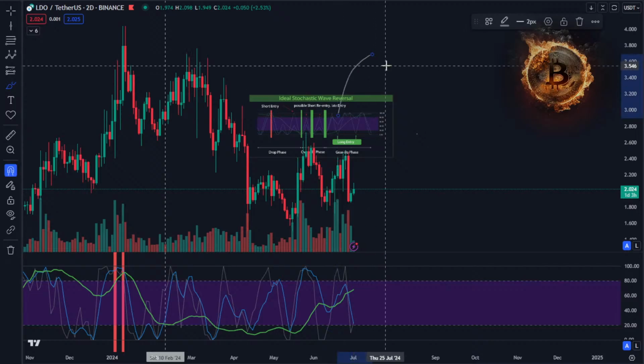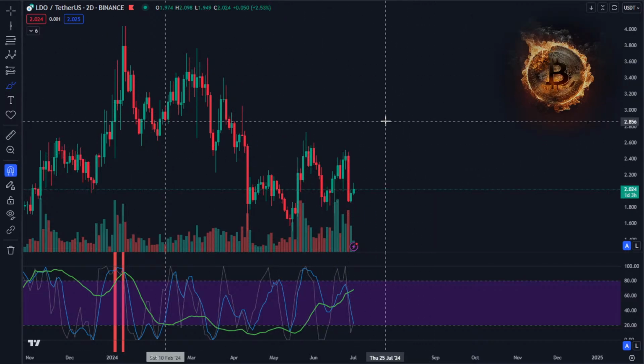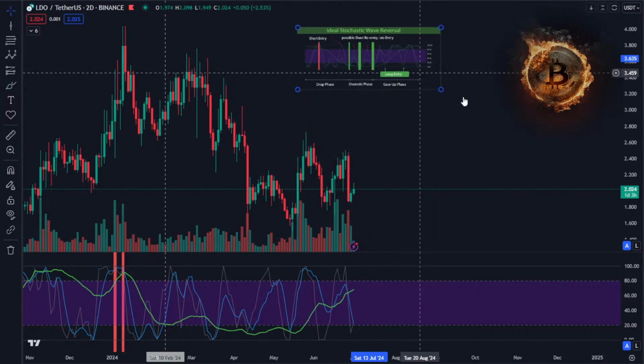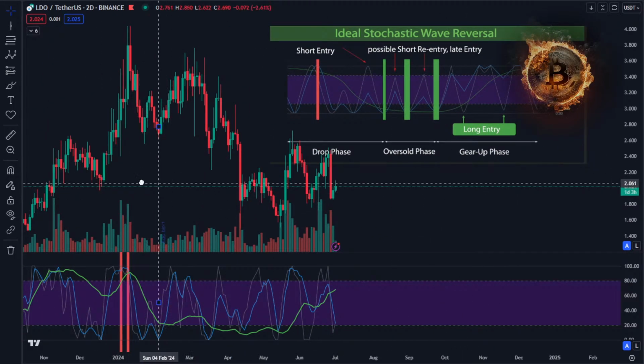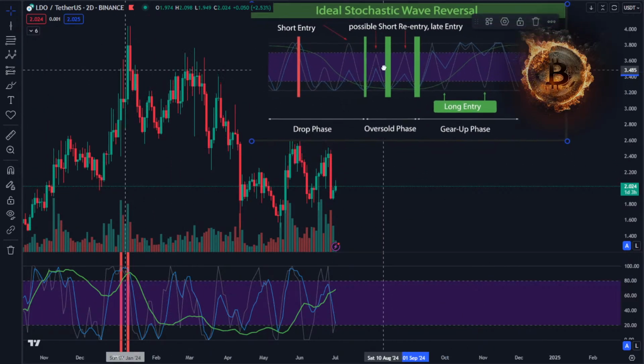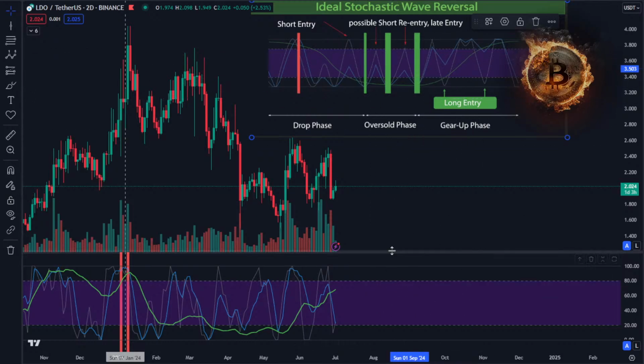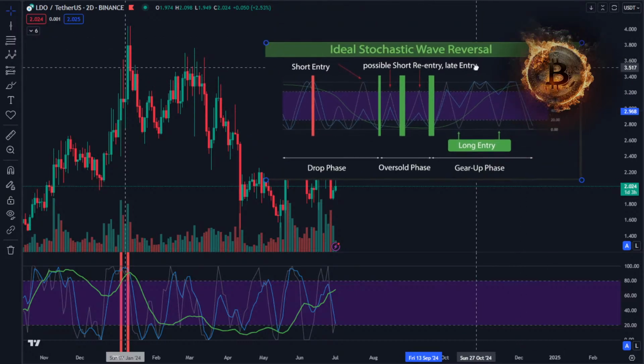This is how it should look like. So you can see here that when you mark the start of that one, it looks like this wave, and it looks like it had these two entries here, and now we're somewhere here.